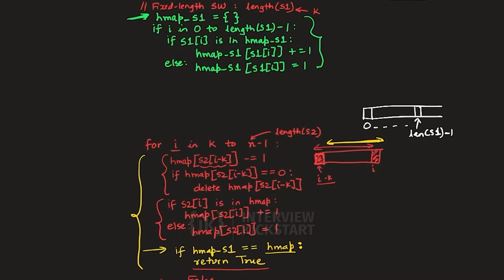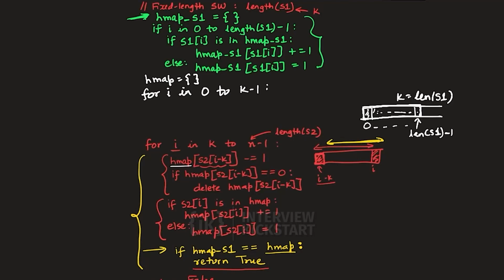So this window must be looked at, and the characters in it should be used to populate our hash map. So let's just fill that in. Our hash map here is going to be initialized to an empty dictionary, and then as we iterate over all the characters from index 0 through, let's say, k minus 1, where k is the length of s1.